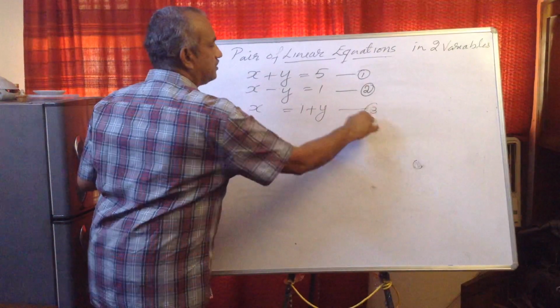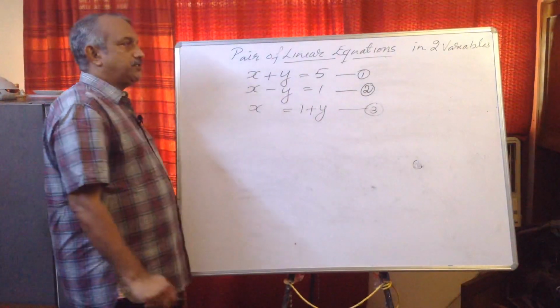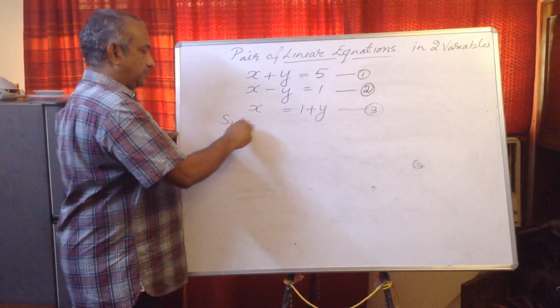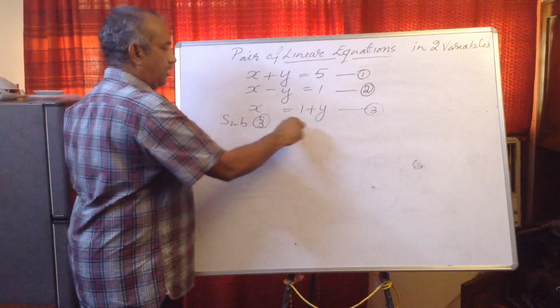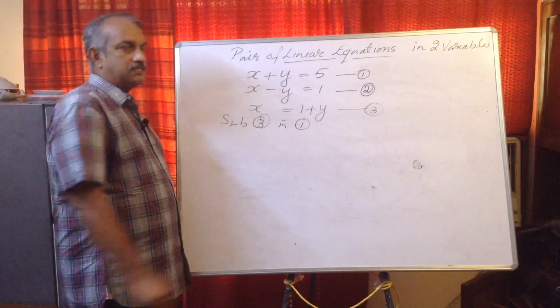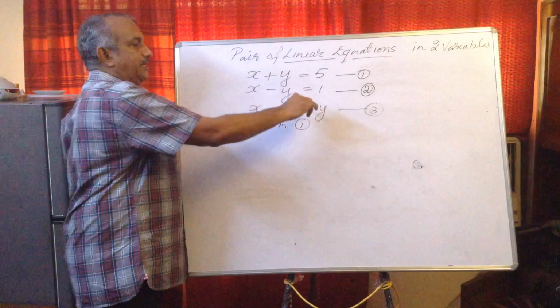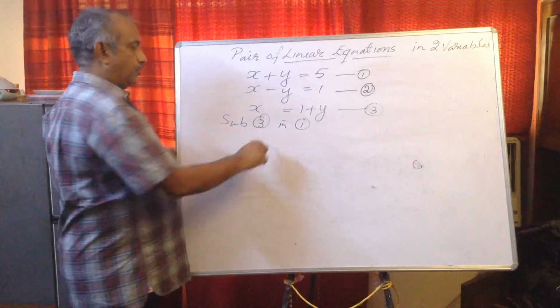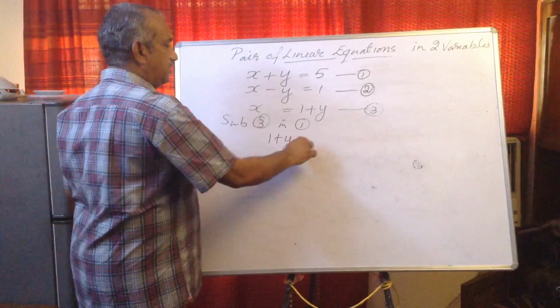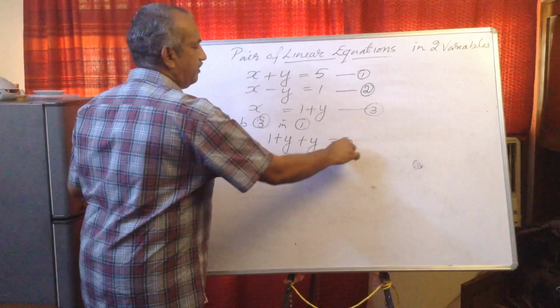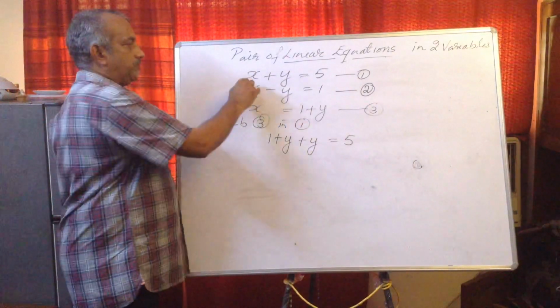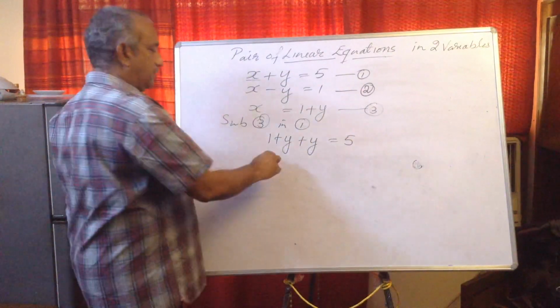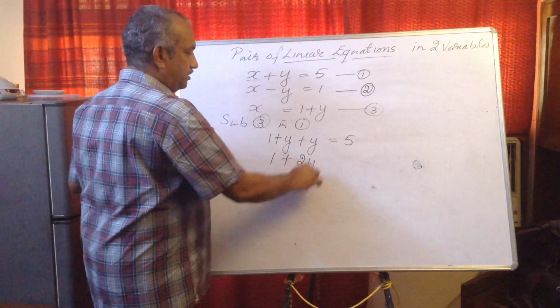I am keeping it as 3 and I am going to substitute 3 in 1. So that means in the place of x, write 1 plus y. So what are we getting? 1 plus y is equal to 5. See, in the place of this x, 1 plus y, so 1 plus 2y is equal to 5.